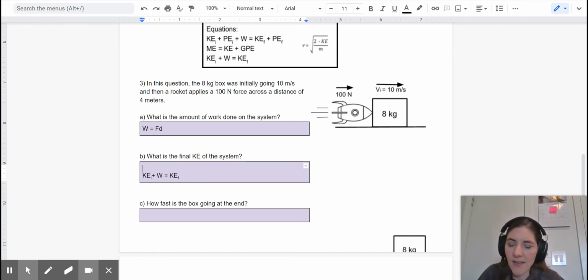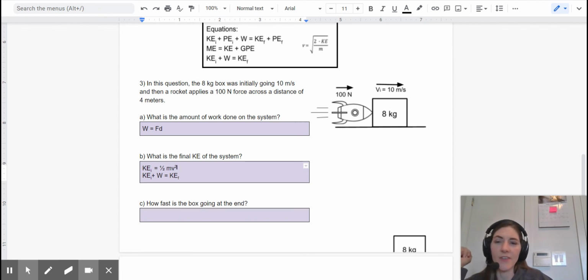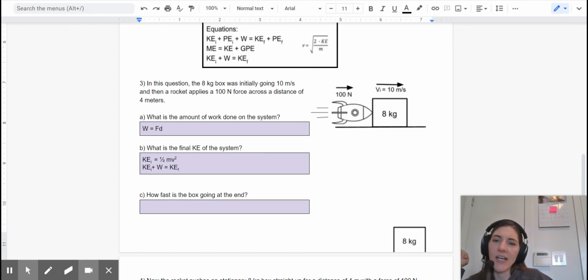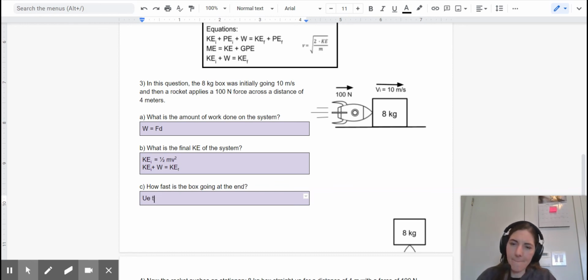So first, you're going to have to find the initial kinetic energy, and then you're going to have to use that initial kinetic energy, plus the work that you already calculated in A, to figure out the final kinetic energy. And then using that final kinetic energy, this is just like the problems we did in class, use the equation for velocity using the final KE.